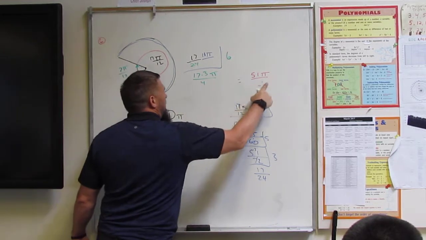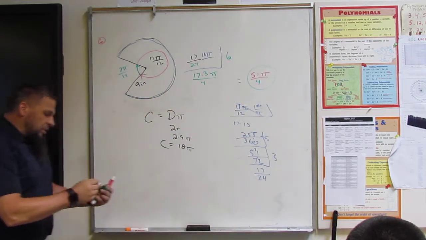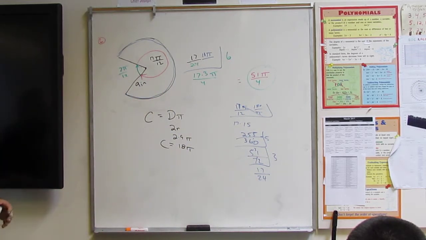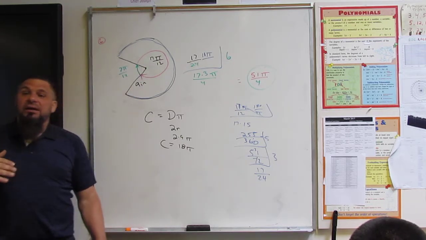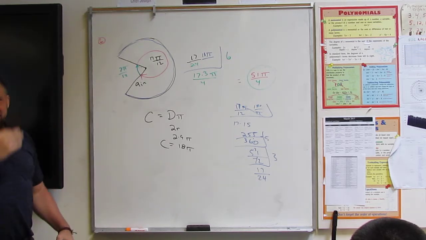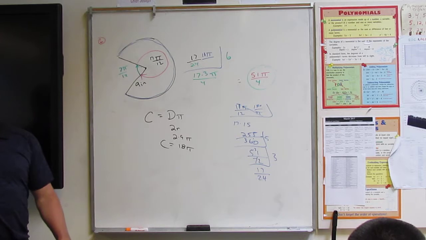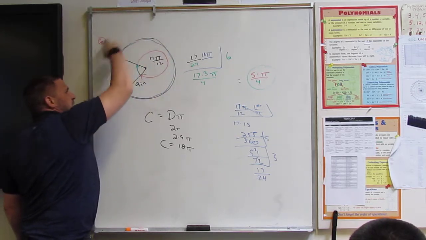So then we will come up with 51 over 4, which is what we should come up with. We have to remember that even though this is in pi, it's 17 pi out of 12, but when we take it out of pi, we have to think about how many pies there are. So there's 2 pi, there's 24 pi, right?